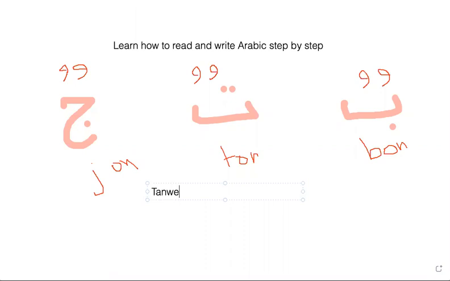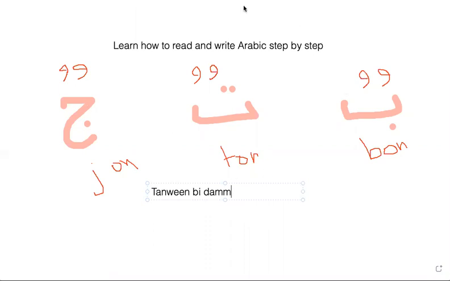Tanween bid-damma, because we use the damma two times at the end of the word. Bun, tun, jun. If it's tun, hun, any letter and you put two dammat, you hear the sound n at the end.